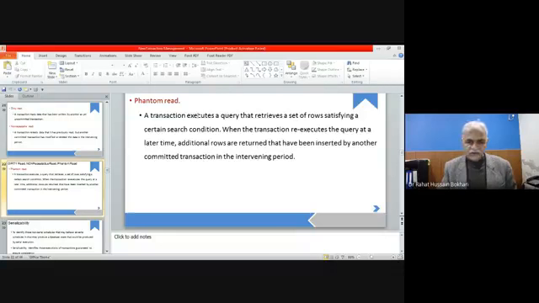So when I retrieve some data under certain conditions, and the transaction is re-executed after T2 or T3, after some time, the data is updated within that intervening period between transaction T1 and T2. So that is called phantom read.